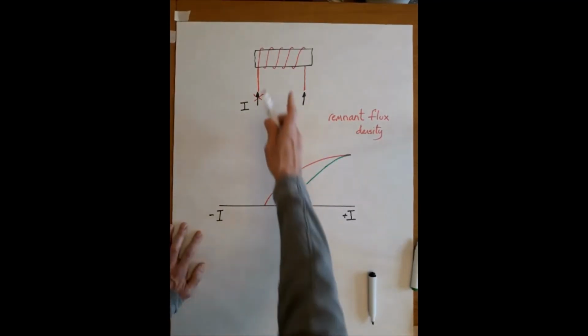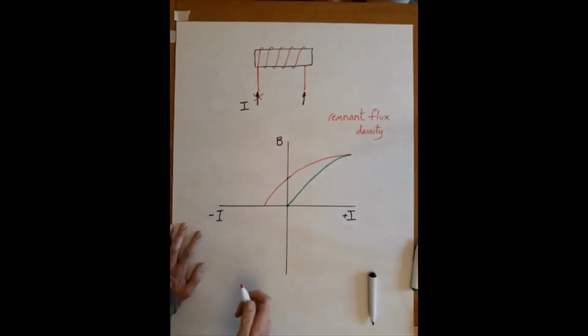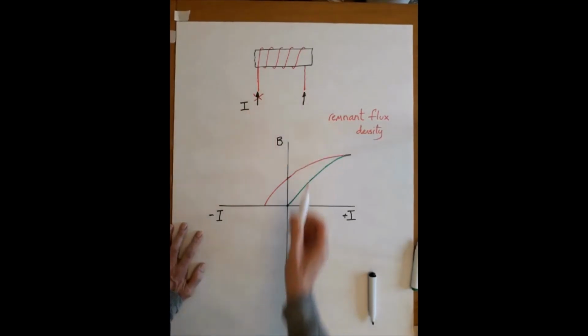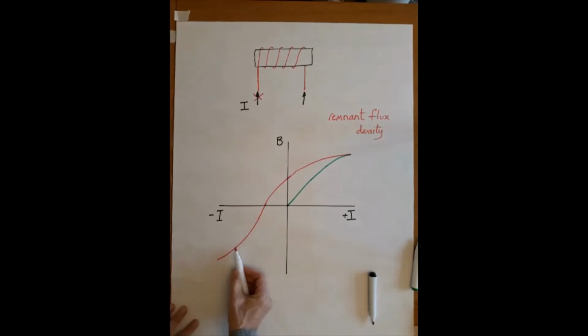If I want to remagnetize this, to make it change the poles, I have to keep increasing this current. And if I increase it, it will do something like this, where we would reach magnetic saturation. No matter how far we increase the current, it won't get a higher flux density.